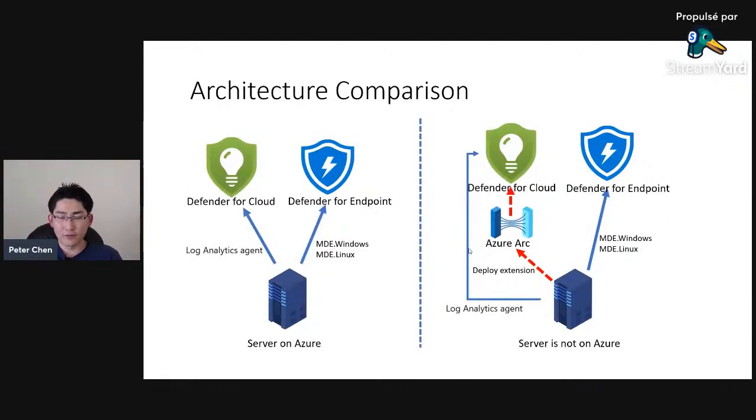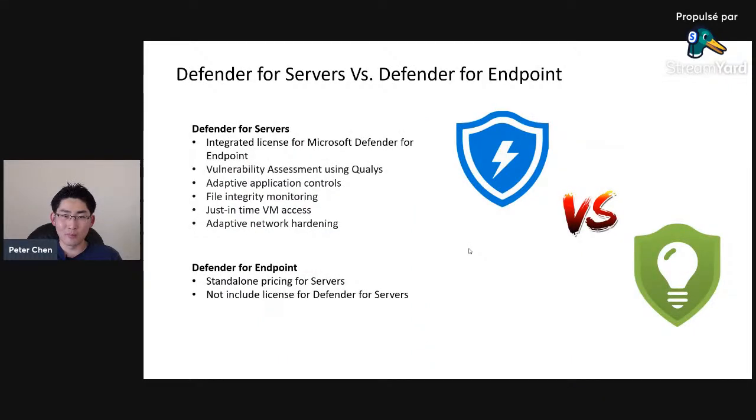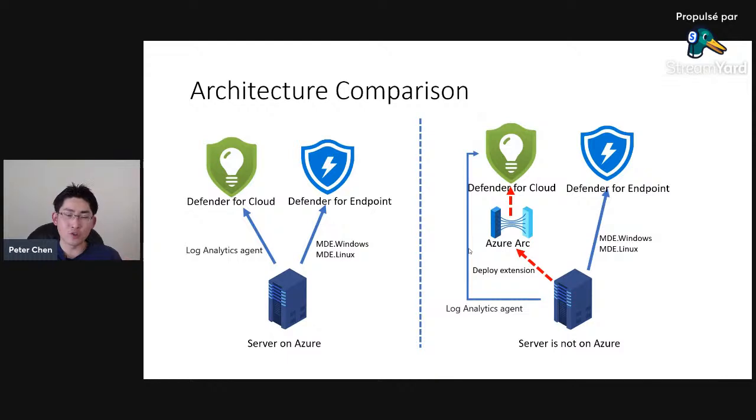In terms of the architecture, here is what it looks like when you have the server agent. On the left-hand side, you have your server that is on Azure. The connection looks like this: a Log Analytics agent sends telemetry into Defender for Cloud, which is used for adaptive application control or features like that.